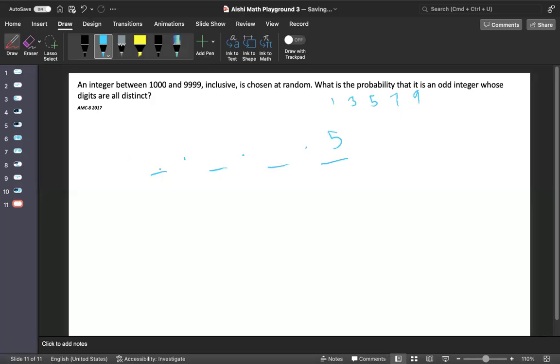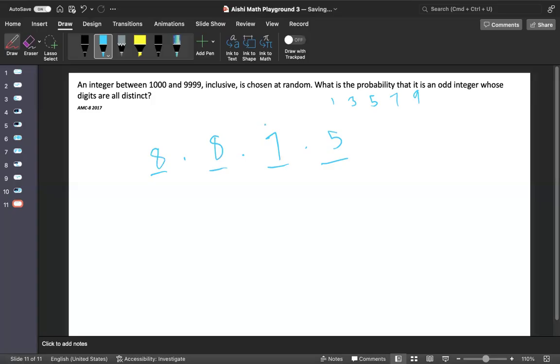For the thousands digit, we can't have 0 and we can't have the number we just chose, so we would have 8 choices left. But for the hundreds digit, here's the catch. We can have a 0, so it would also be 8. But then for the tens, we would have 7 left.